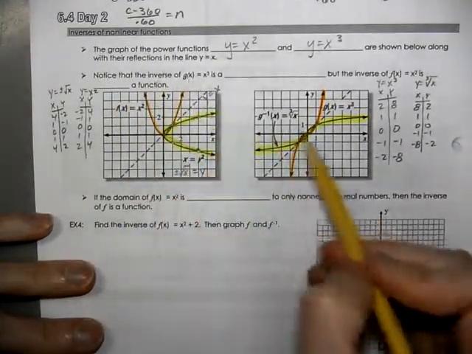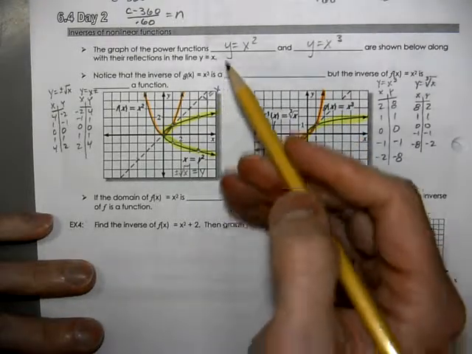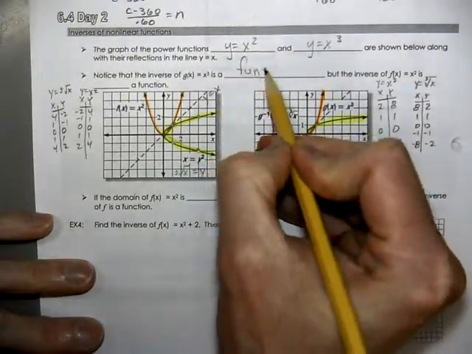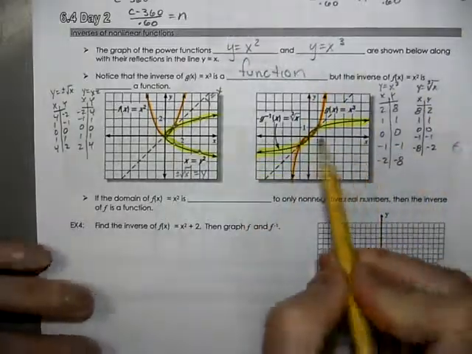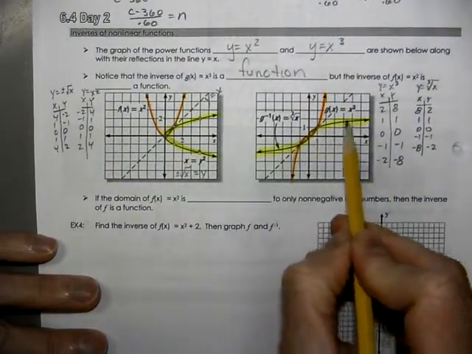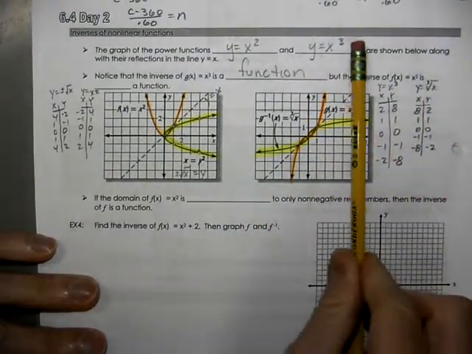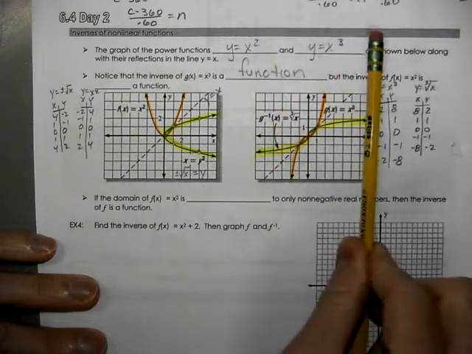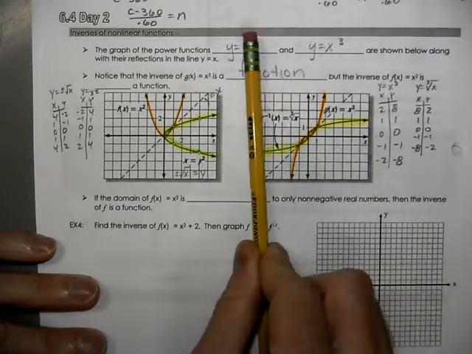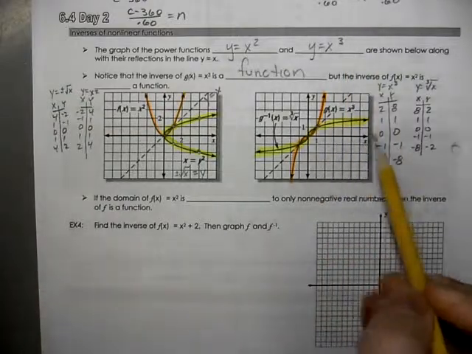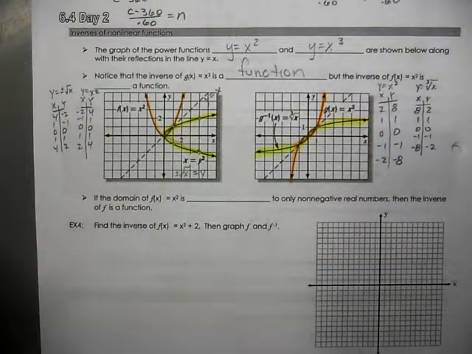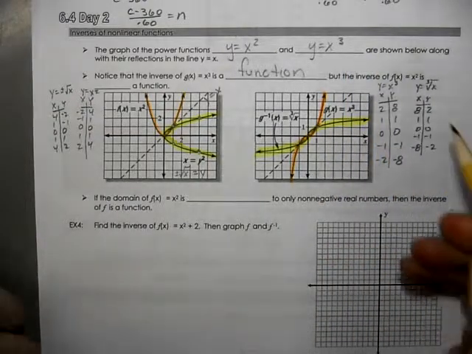Notice that the inverse of our x cubed graph is a function. We look at our inverse, and at any spot there's a vertical line test. It only goes through the yellow line at one location. For every x, there's only one spot for that yellow graph to be.